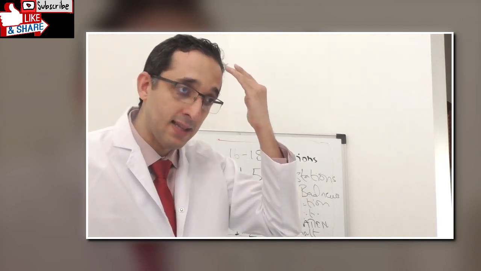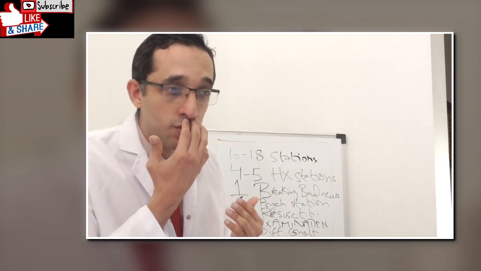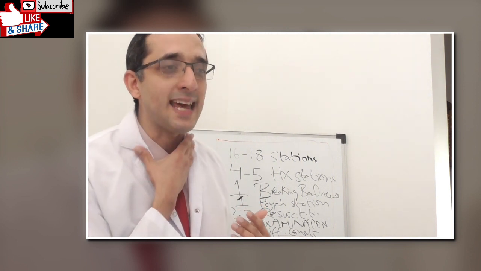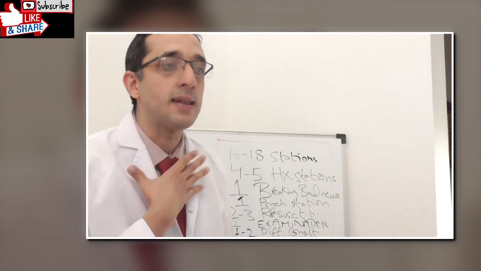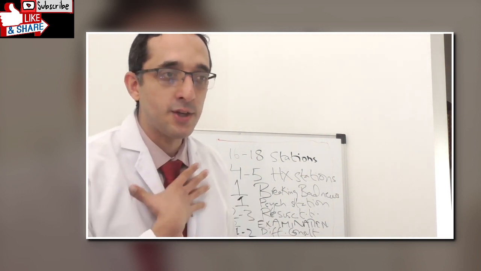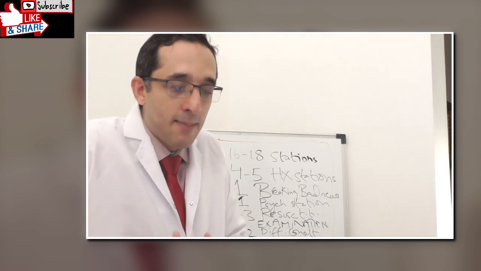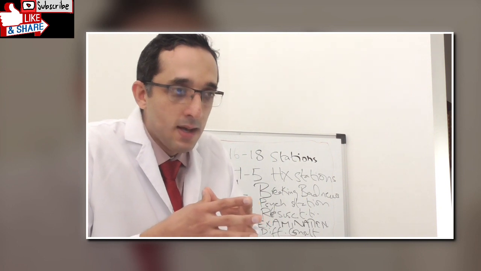I'm just seeing the head and saying any headaches, any blurred vision, any ear pain, any nose pain, any nasal discharge, any sore throat, any neck pain, any lumps or swelling in your neck. Okay, and I come to the respiratory, any shortness of breath, any cough, right? Then I come to the abdomen or gastrointestinal, any abdominal pain.